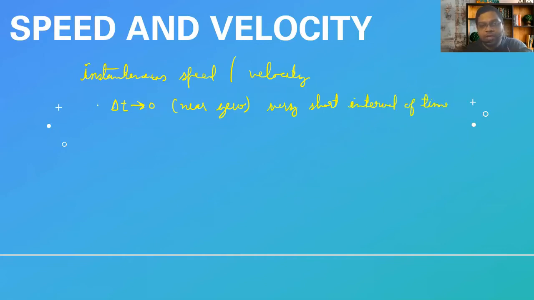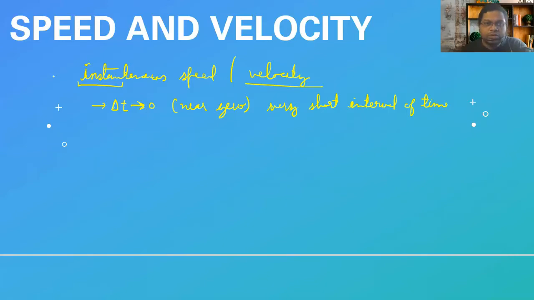Okay, so that's what the word instant means. When you talk about answering instantly or instant noodles, it is something that you get in a shorter time. So the speed that is acquired by the body in a shorter time is called instantaneous speed. Okay, now to add to that, if you add direction, that becomes instantaneous velocity.